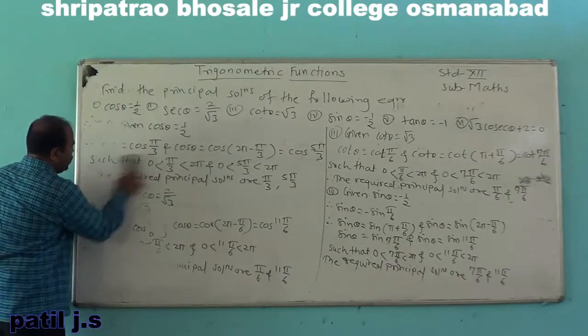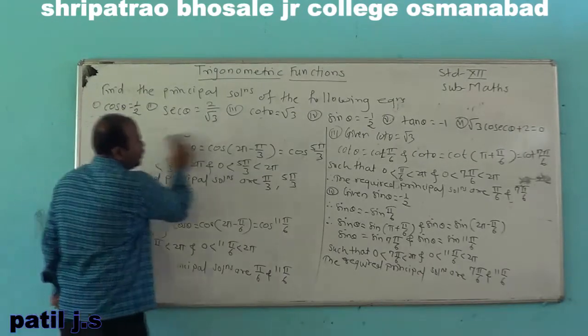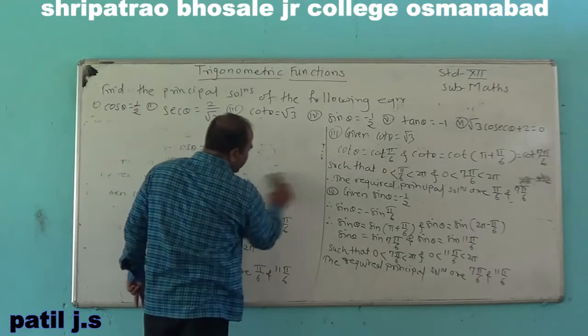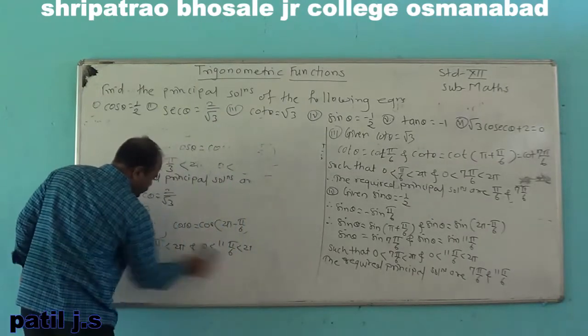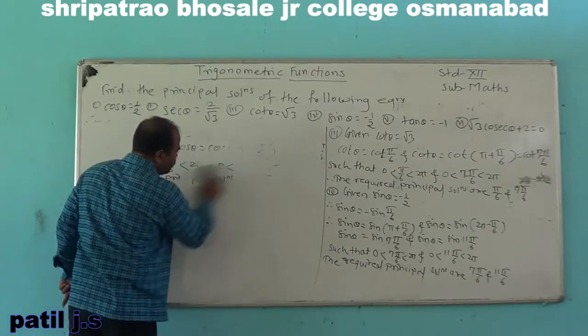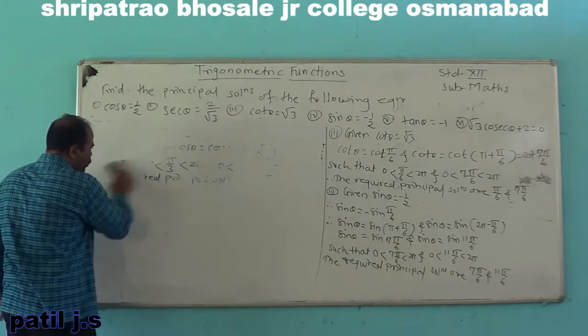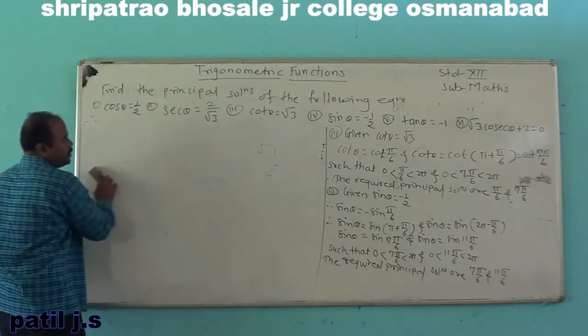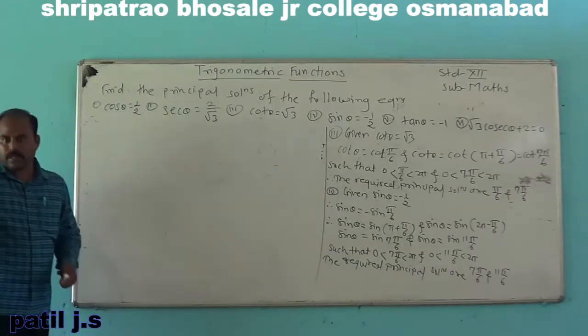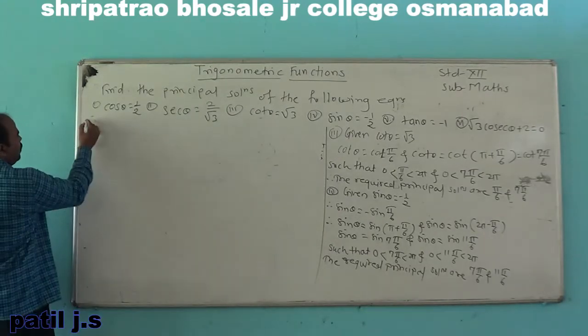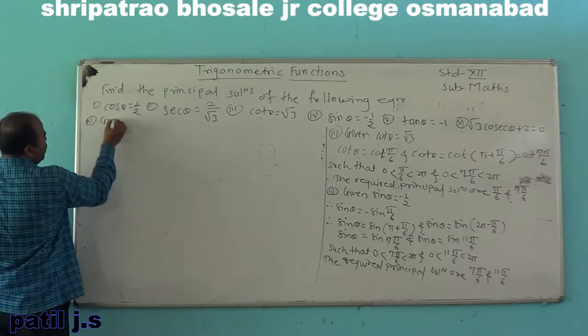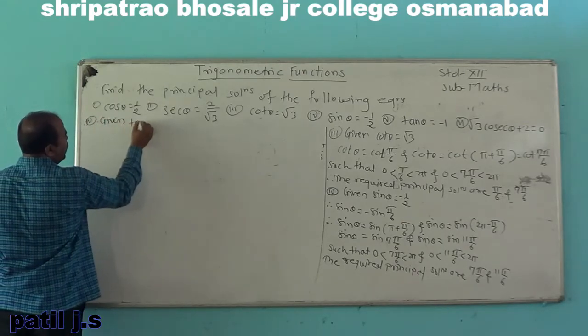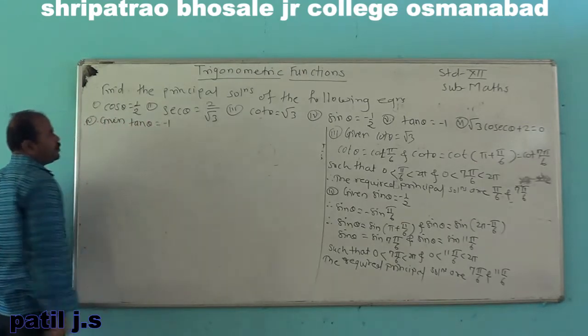Next, tan theta is equal to minus 1. Again here there is a minus sign on the RHS. Same question: we have to find the principal solutions. So given tan theta is equal to minus 1.